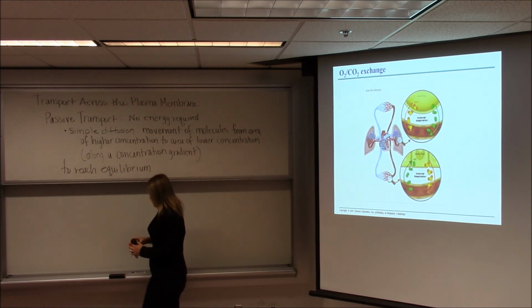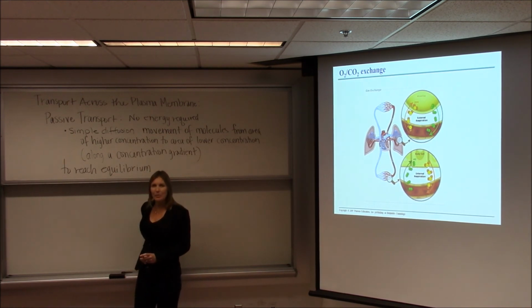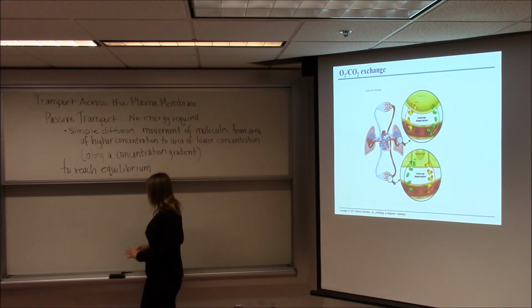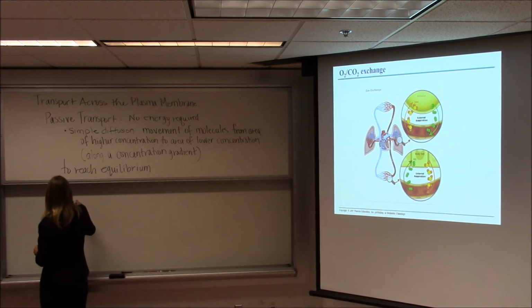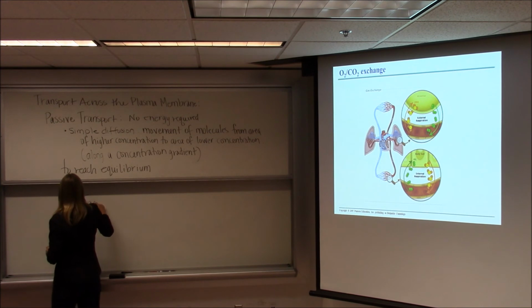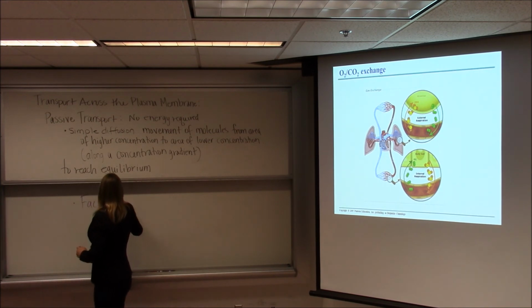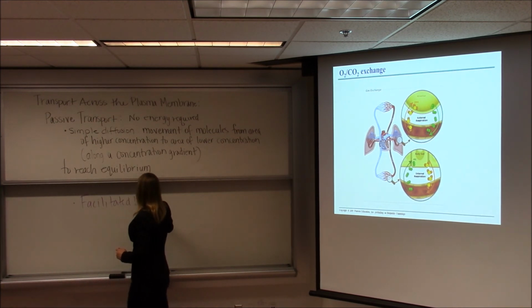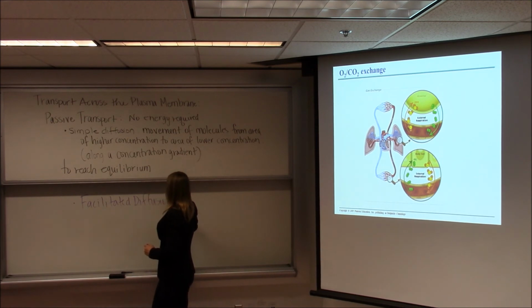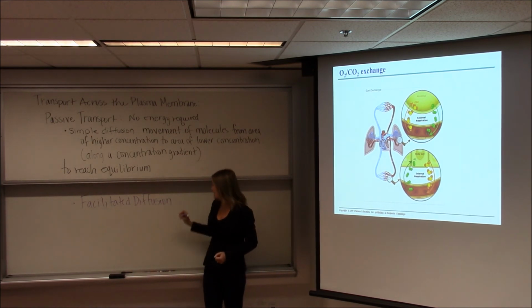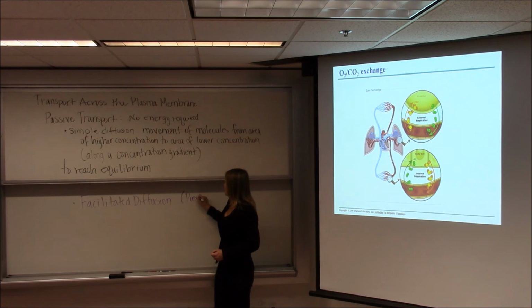Sometimes this passive transport needs to involve a protein. And when a protein is involved, it's called facilitated diffusion. Facilitated diffusion is also no energy required. It's passive. No energy required.